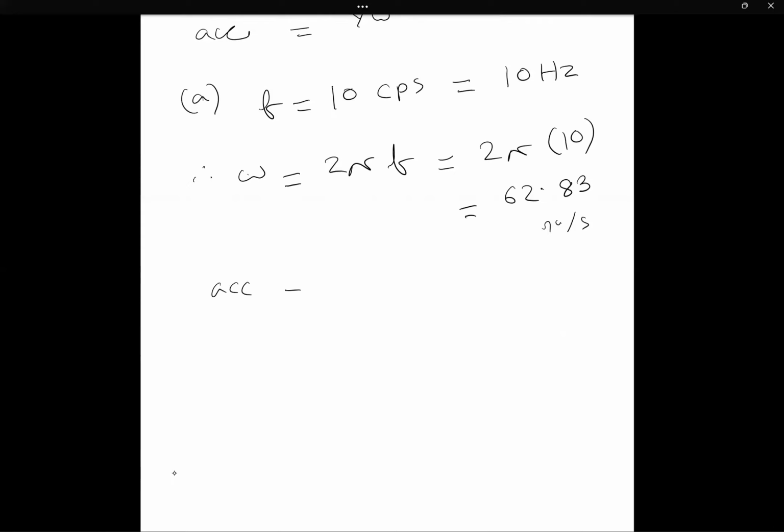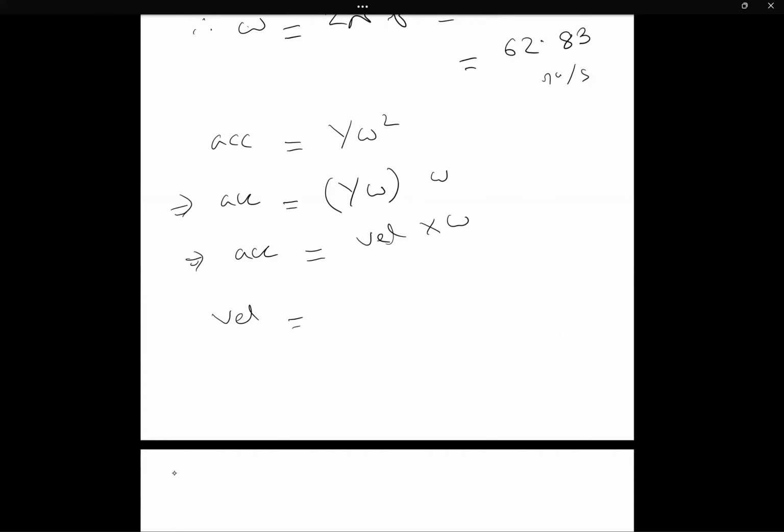Now we see acceleration is equal to y omega square, or we can write it as y omega times omega, which is acceleration is equal to velocity multiplied by omega. So velocity would be acceleration divided by omega. And here our acceleration is 981 and our omega is 62.83 radian per second.